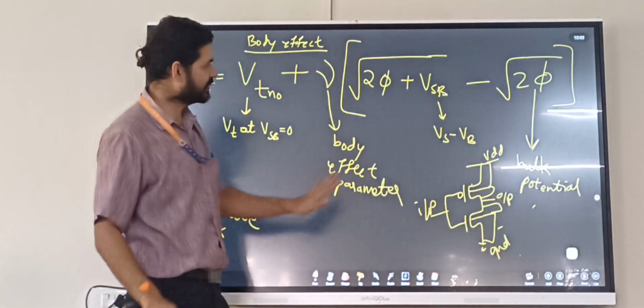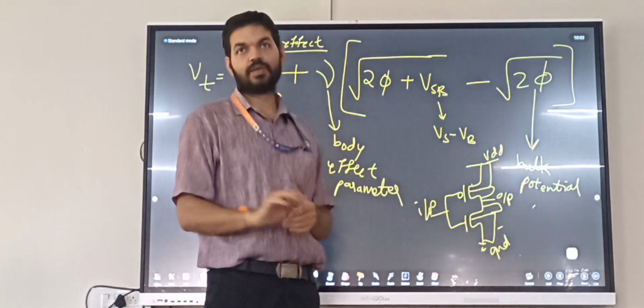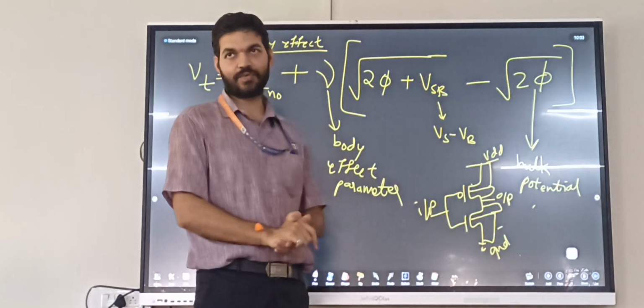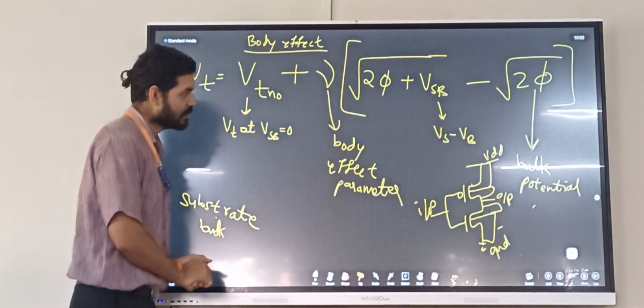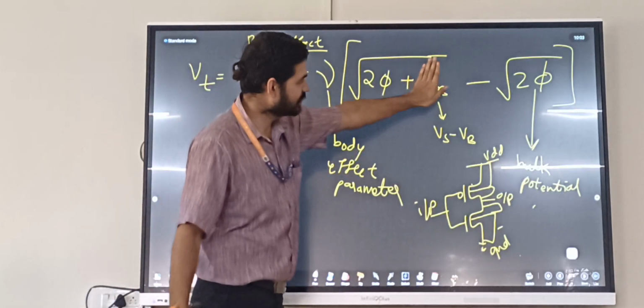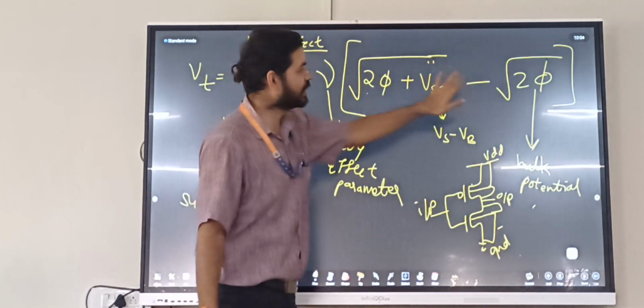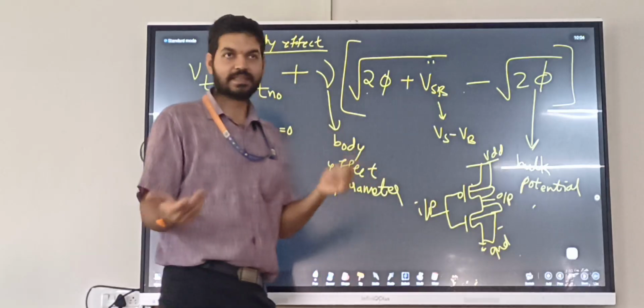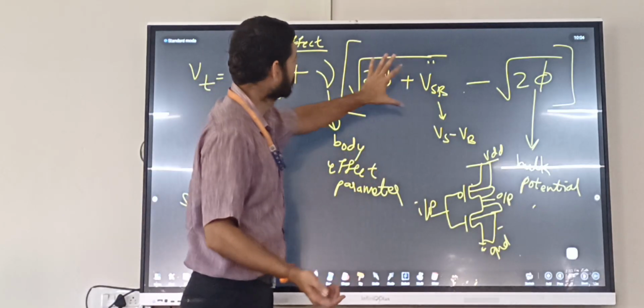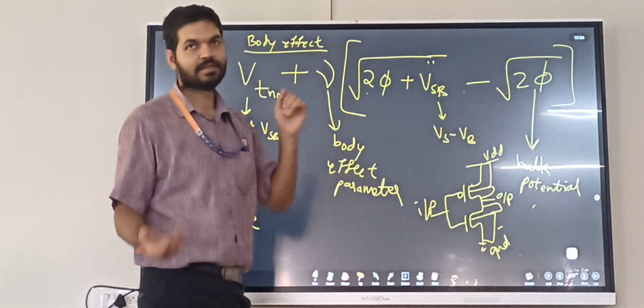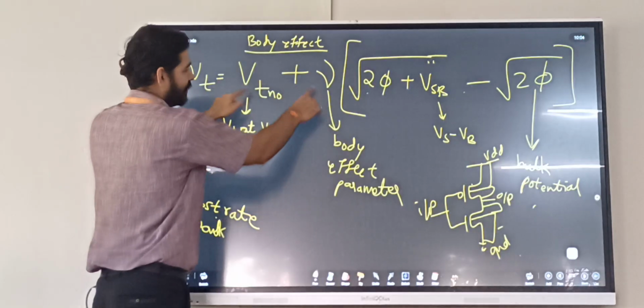So if by chance VSB is 0, root of 2φ minus root of 2φ is 0, into gamma, 0.